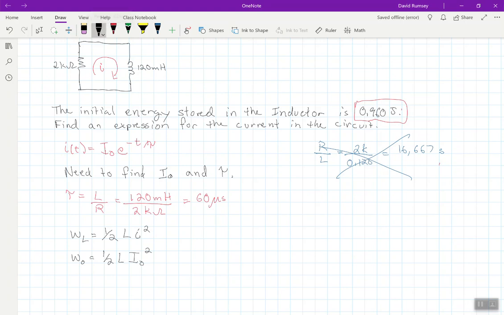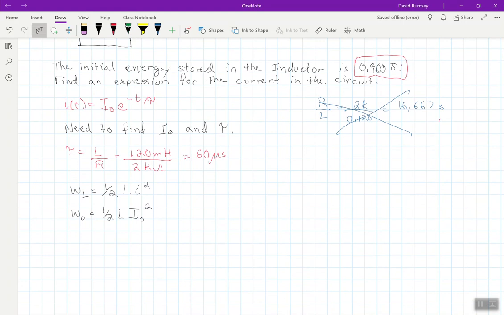So all I have to do is plug in: 0.960 is 1/2 times 120 millihenries, times my initial current squared. And then we just have to solve that.